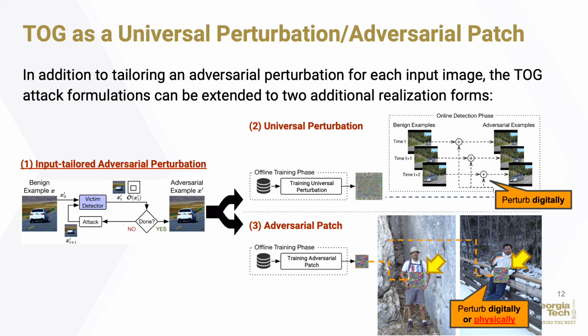Different from the first two approaches, the carefully generated adversarial patch may also be used physically by printing the patch and attaching it to the object. For example, a person can attach an adversarial patch to bypass the smart surveillance system, or someone can put a sticker with an adversarial pattern on a stop sign to fool the traffic sign detector and potentially lead to accidents.